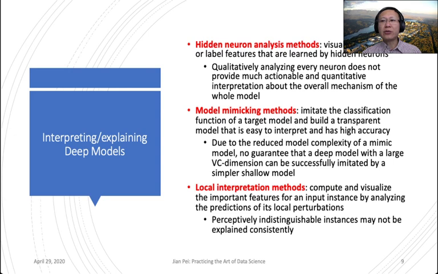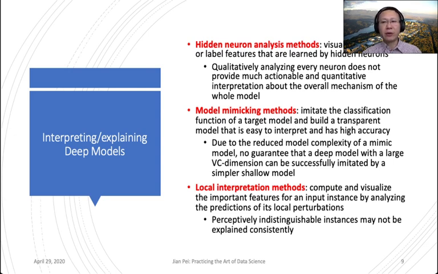We can try to visualize, reword map, or label those features that are learned by those hidden neurons. The drawback of this approach is that quantitatively analyzing every neuron does not provide much actionable and quantitative interpretation about the whole neural network, about the whole model, because the whole model is not a simple linear combination or linear sum of all those individual neurons.